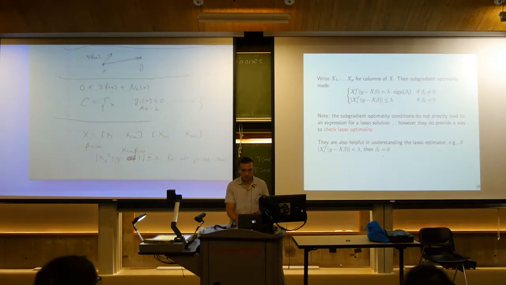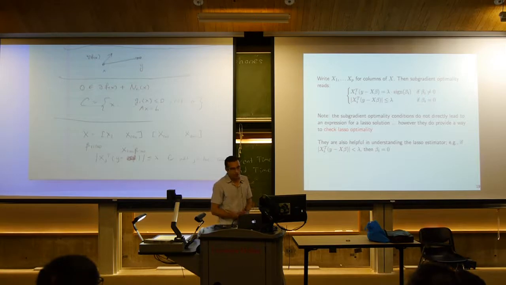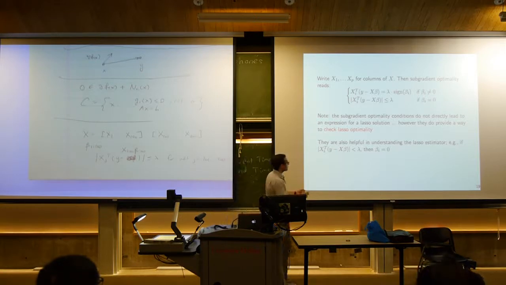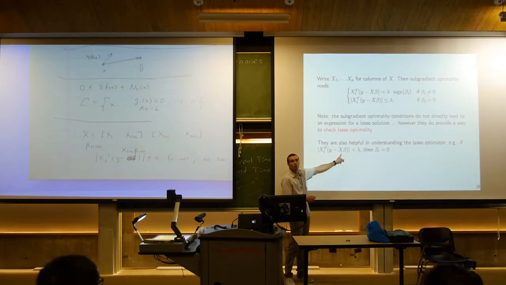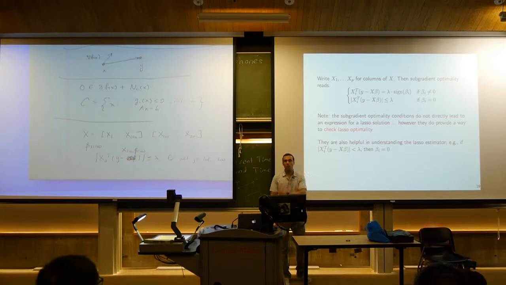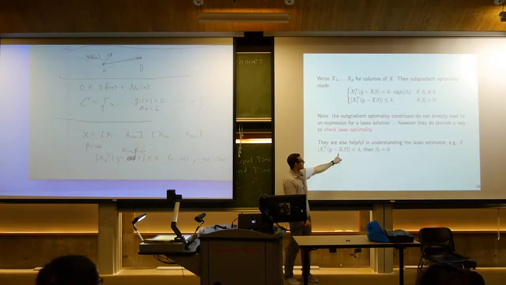Another property that you can read off from these conditions, which is very related to what I just said, is that if somebody hands you the fitted values, and they don't hand you the solution, they tell you that actually, I'm going to give you x beta, where beta was optimal. I'll just give you the product of x times beta. That's an n vector. You can look at the inner products of all your variables with the residual.